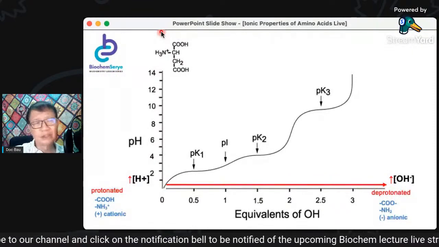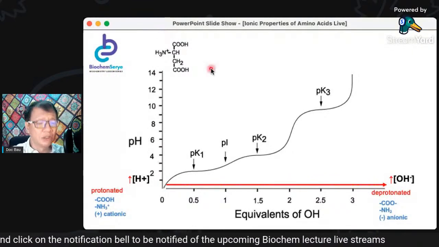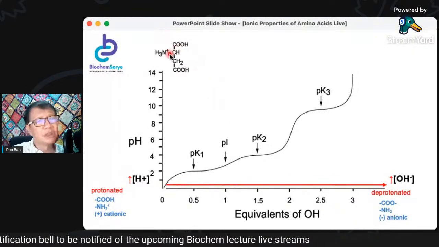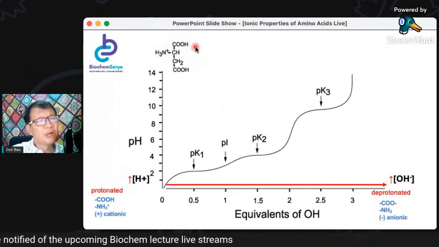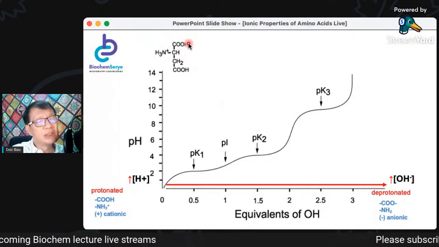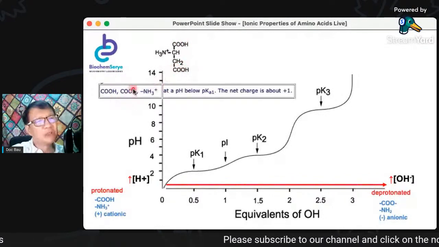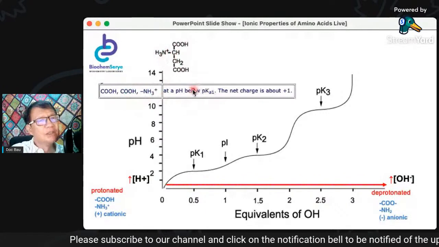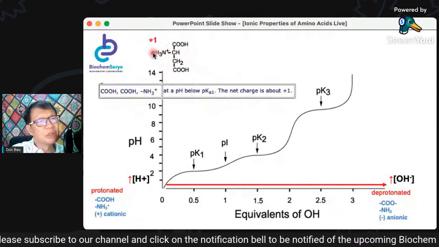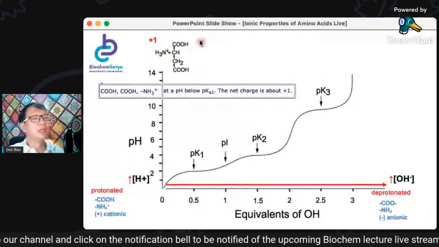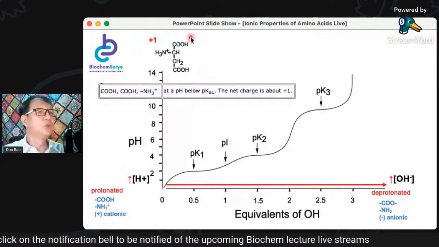We have a lot of hydrogen ions around, right? Your alpha carboxyl is undissociated, your beta carboxyl is undissociated, your amino group is protonated. So the charge is plus one, so it will go to your cathode.